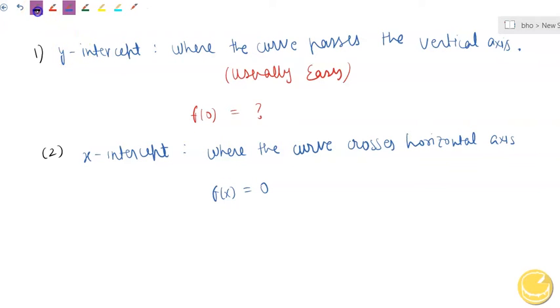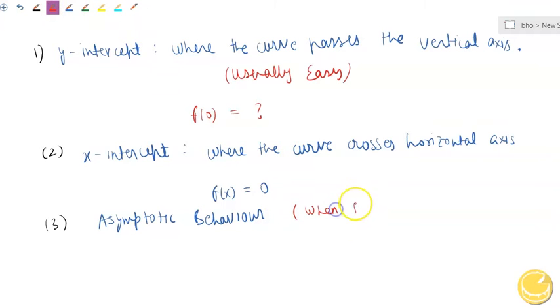The third thing we have to look at in the curve sketching procedure is asymptotic behavior. What I mean by asymptotic behavior is what happens when things get large. Even in our algebraic function, when things get large, it reminds us to check whether it is asymptotic or not.